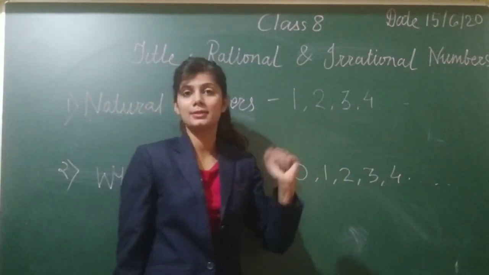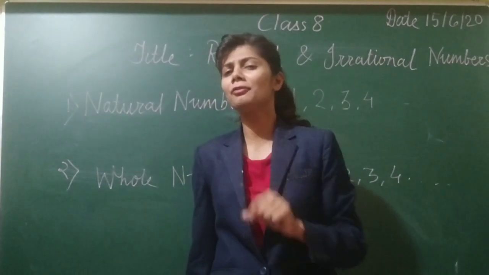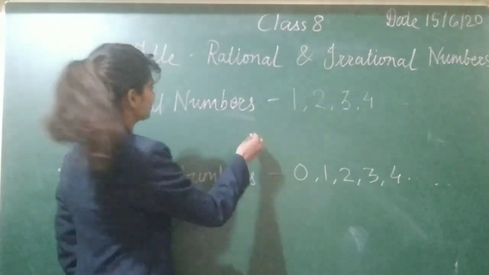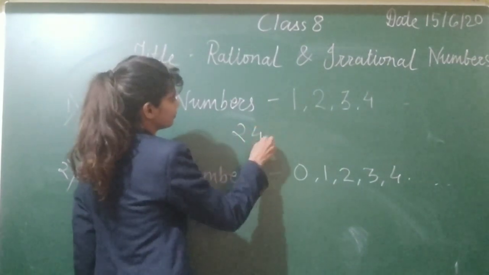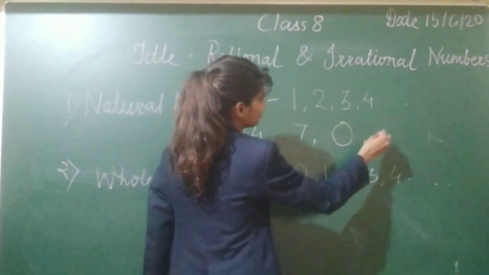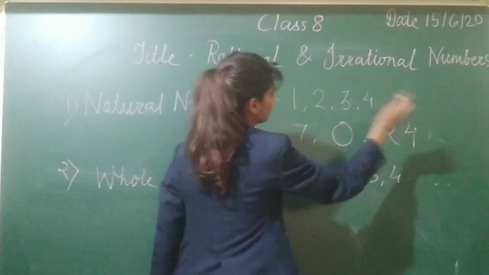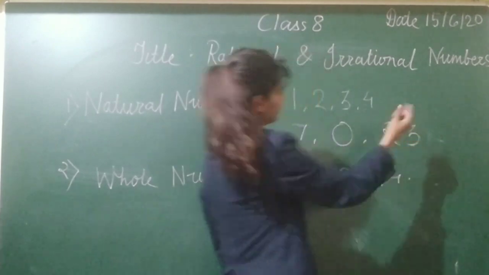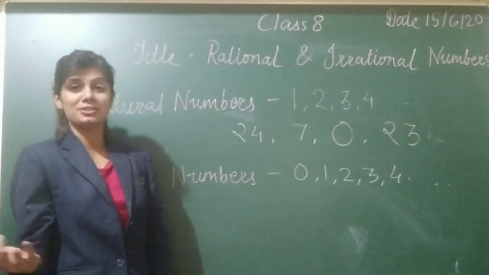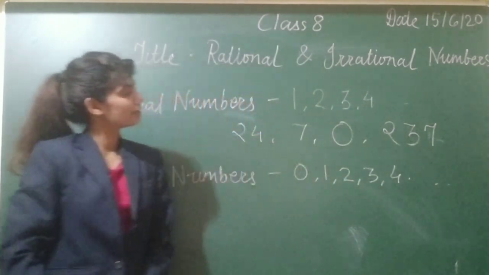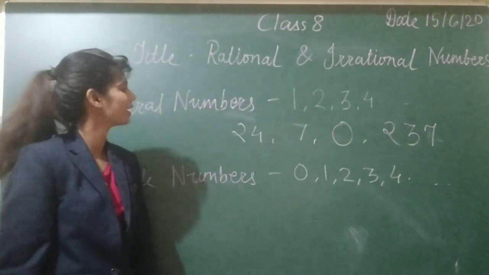But then what about 0? I'll give you a few examples and we'll see whether they are natural or not. 24, 7, 0, 237.